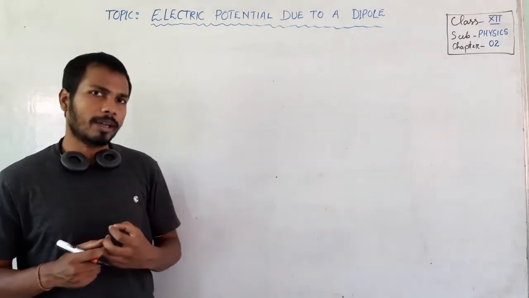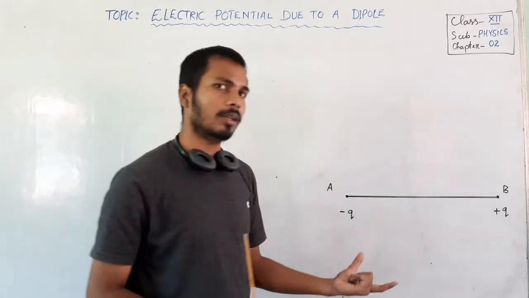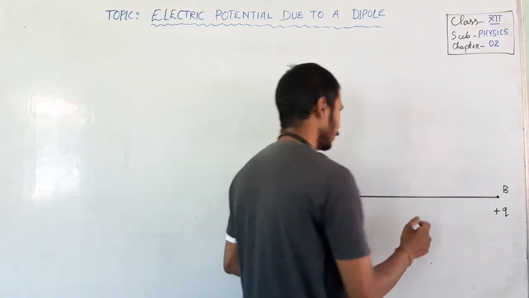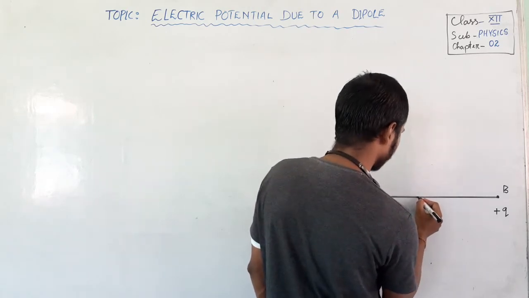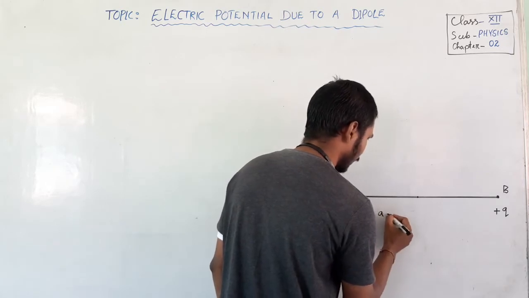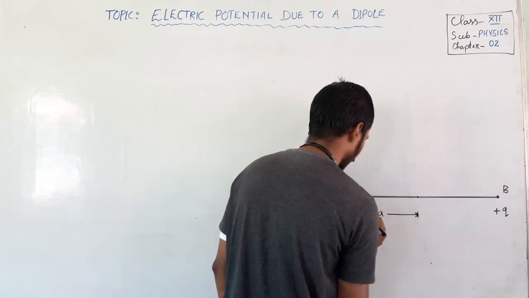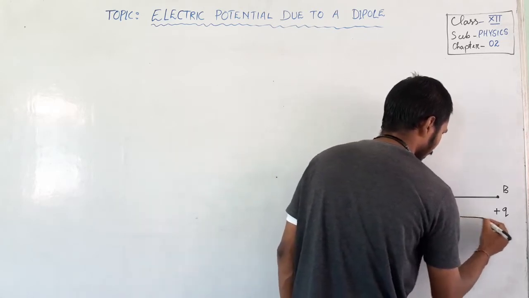Now we will draw a dipole first. We have considered a dipole AB whose length is 2a, and this is the center. This length is a, and this length is also a.